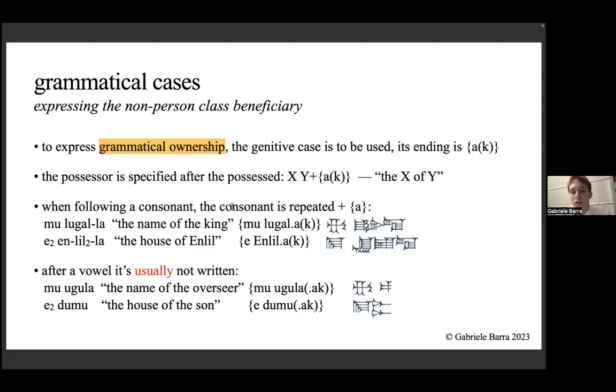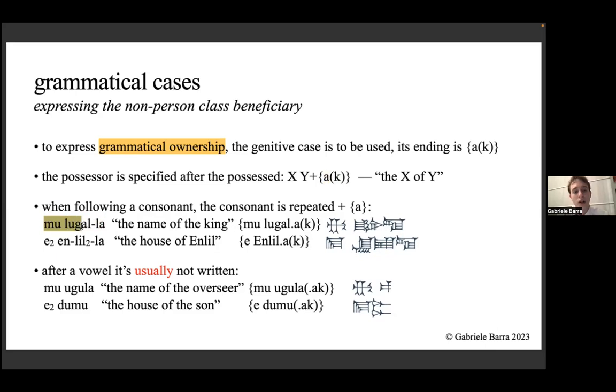So, like most cases that end in a vowel, the -ak, or better stated, the a, since the k again never appears, not in these cases, is present after the repeated consonant. So if you have mu, which means name, which is the possessed, and then you have the possessor, which is lugal, king, which ends in a consonant, then you have the consonant again, and then you have the vowel, which is again a.